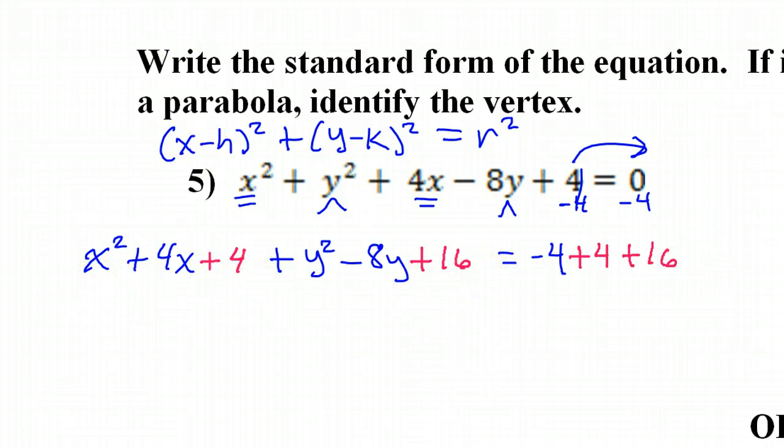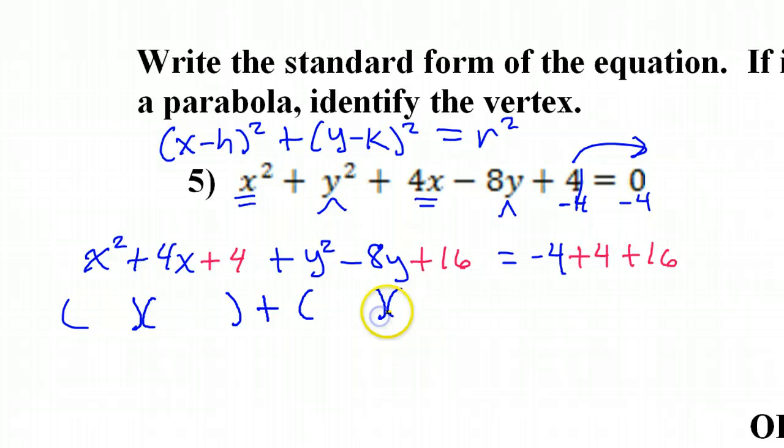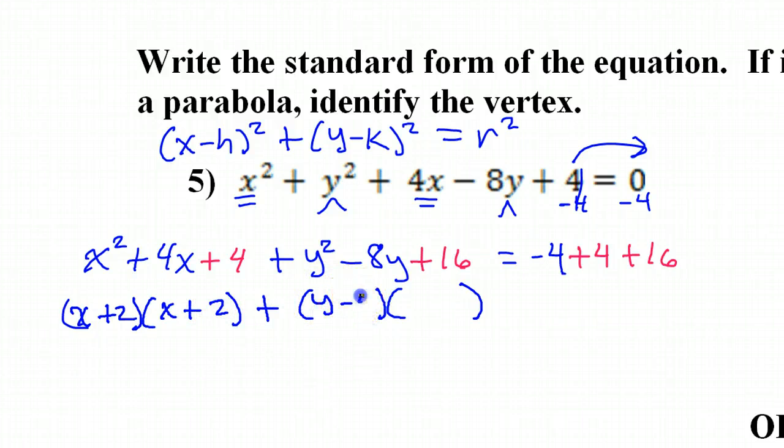Okay, now, anytime we complete the square, it means this will factor as the same thing twice. So this is going to make x plus 2 times x plus 2. This is going to make y minus 4 times y minus 4. Notice that the sign of the middle term tells you the sign of the parentheses. This is positive, so both of these will be positive.